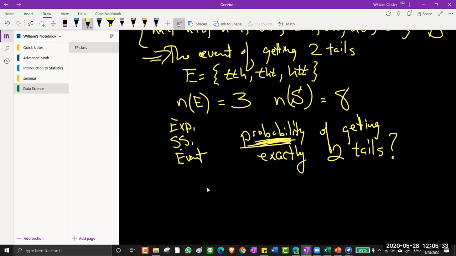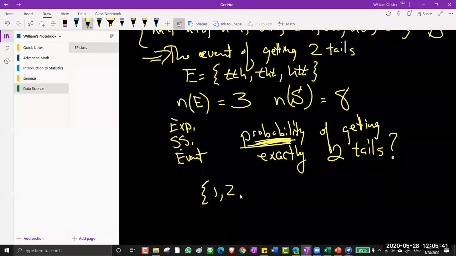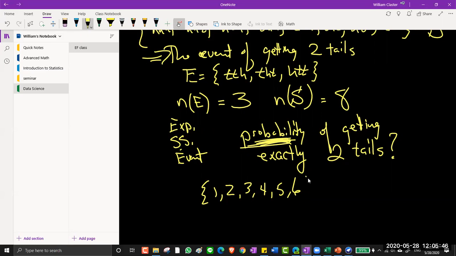So going back to the even and odd case, suppose we had a die. It's a different experiment. We're not tossing 3 coins, we're rolling 1 die. In this example, we talked about the event of getting an even number.